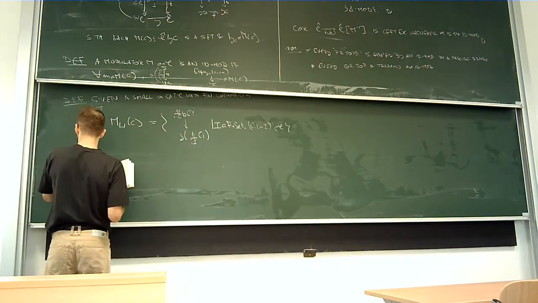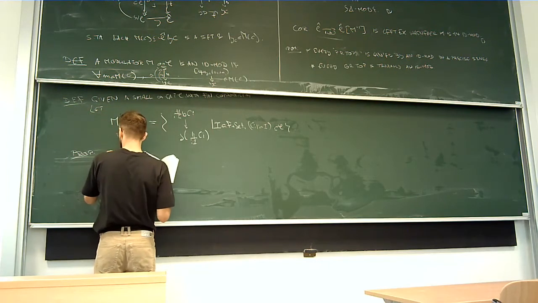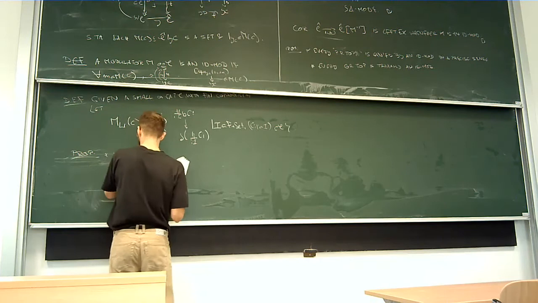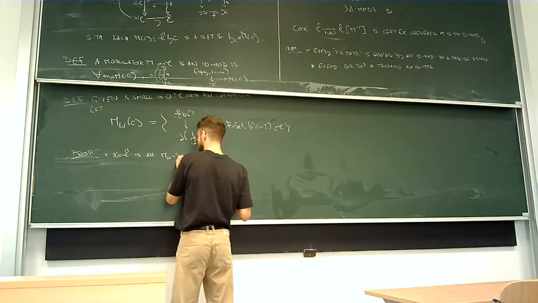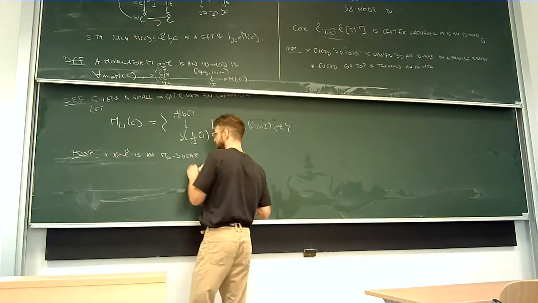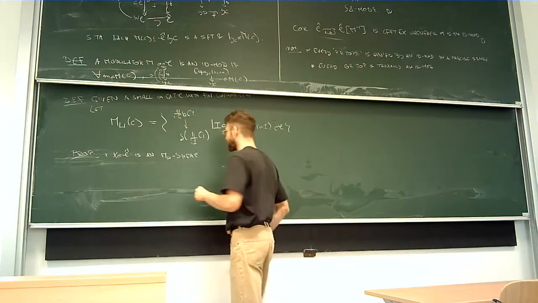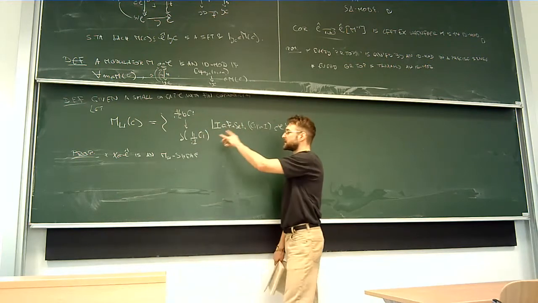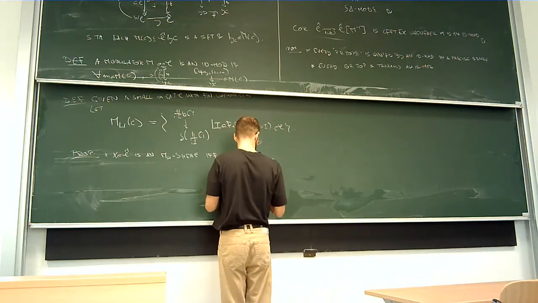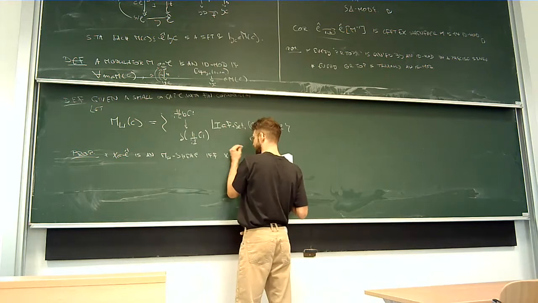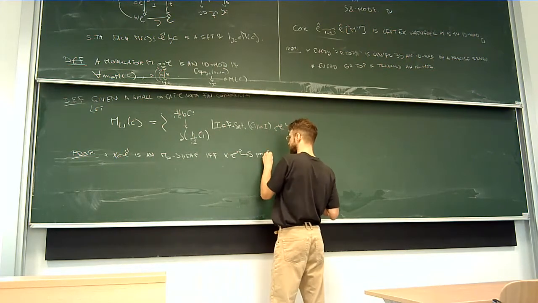So the proposition is that a presheaf X over C is an M-square-cup sheet, meaning it's local for this, if and only if X from C preserves finite products.